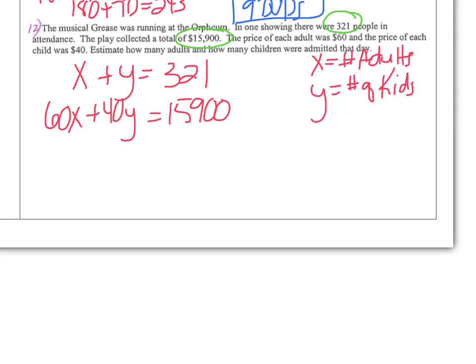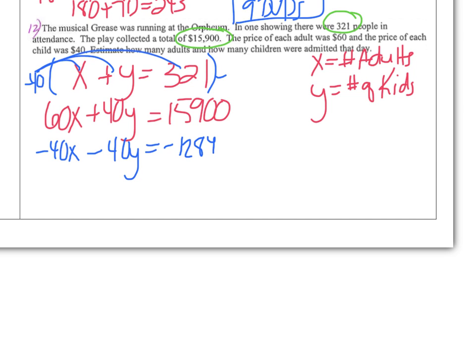Now again, we can do substitution or linear combination. Let's do linear combination this time, and why don't we eliminate the y? This is positive 40. Let's make this negative 40. So I'll multiply this whole thing by negative 40. We'll distribute that through, and we're going to get negative 40x minus 40y equals negative 12,840.